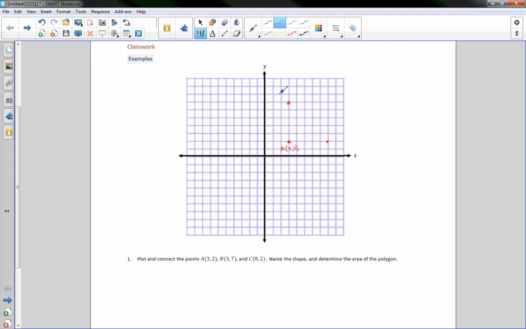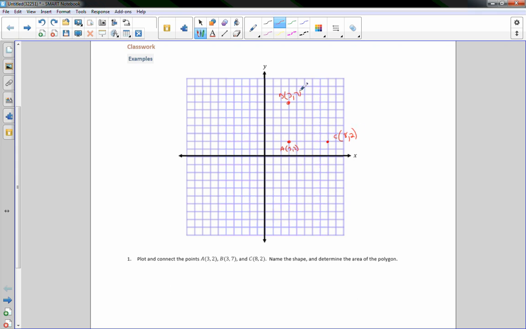I'll call this B, and I'll put the point (3, 7), and this is C. This is the point C, and I'll call that (8, 2). So the first thing I do when I'm graphing something is plot the points and label them.